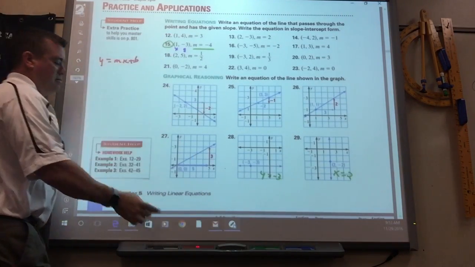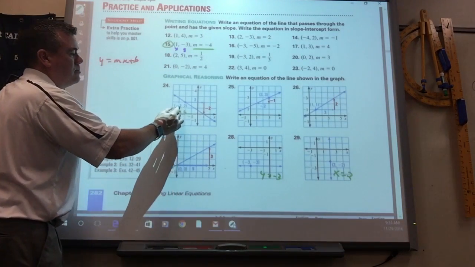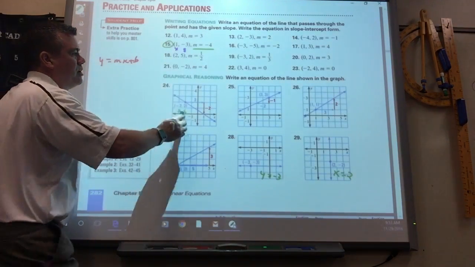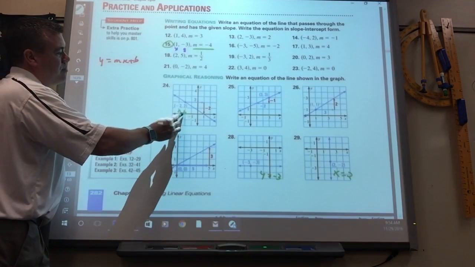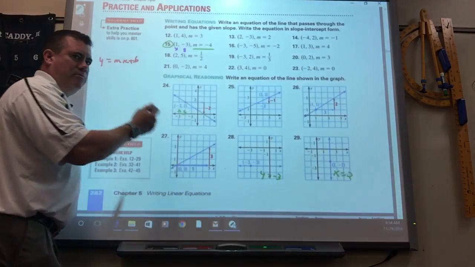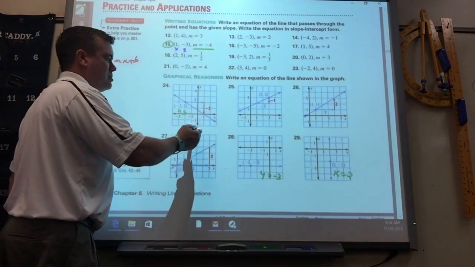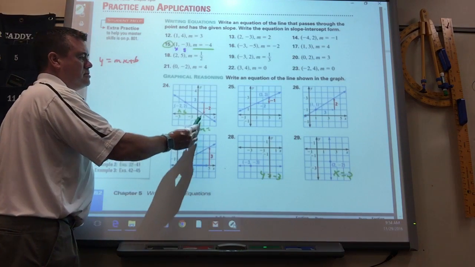Same way as up here. They give us a point, just like they gave a point here. There's the point, there's the point. So we put 2 in for Y, negative 2 in for X, and then they don't write it, but they give you the numbers. The slope of this line is what over what?